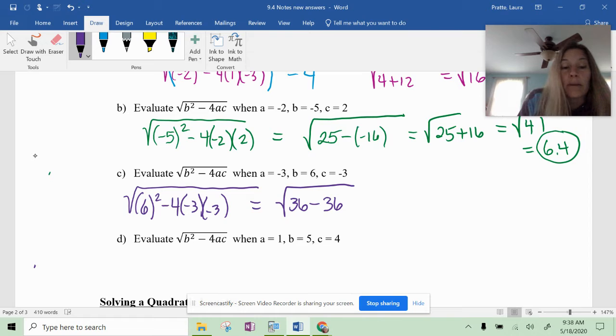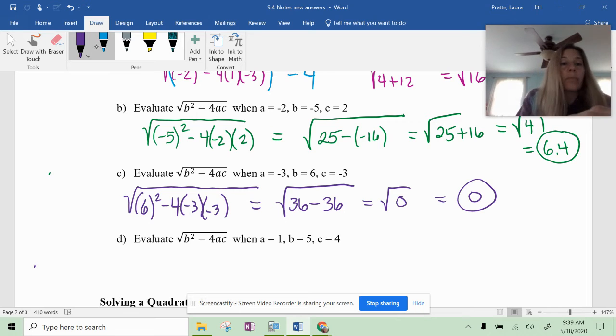The other way you can look at it is if there's 3, I have an odd number of negatives here, this is going to end up being subtraction. But like the last 2 problems, you only had 2 negatives, so then it was going to end up being addition. So that's like another little shortcut you can use. Now 36 minus 36 is 0, and there's only one answer there, 0.